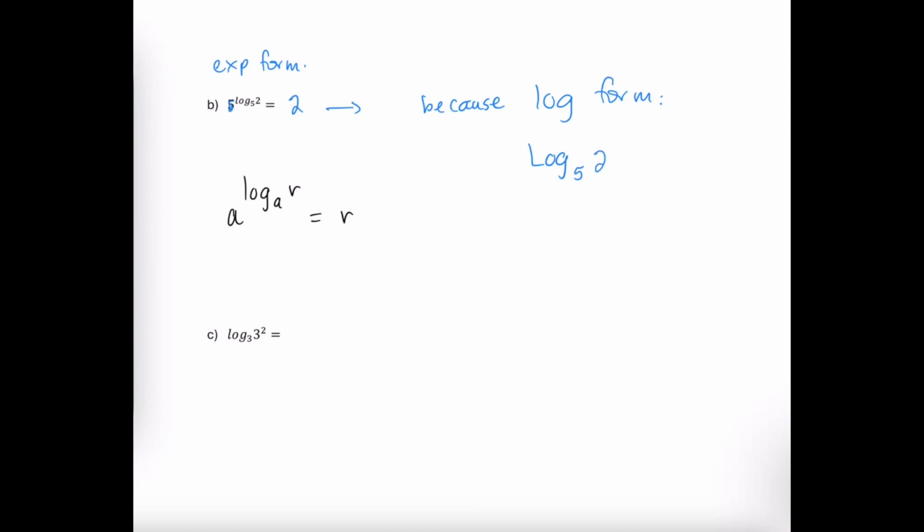The argument is 2 because that's what we are equal to from the exponential form, and log base 5 of 2 is going to be equal to whatever that exponent was when we were in exponential form. Well, that exponent was log base 5 of 2. So we can see that when we convert it to log form, we end up with a statement that's obviously true. So that means that the equation this came from must also be true. This is true because this is true.